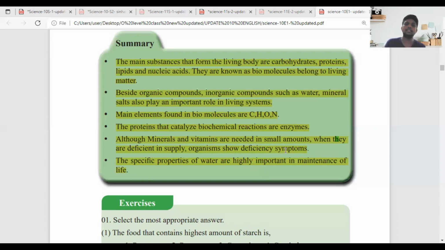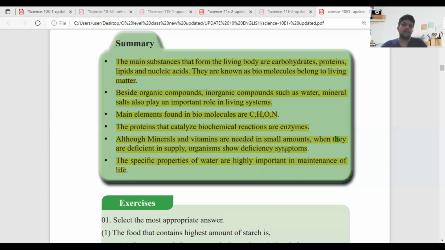That is the whole thing that we learned today about the vitamins, the minerals, their importance, their structure, and what we have to face if we are not taking enough of those minerals and vitamins. The specific properties of water are highly important in maintenance of our life. That is what they mentioned finally.